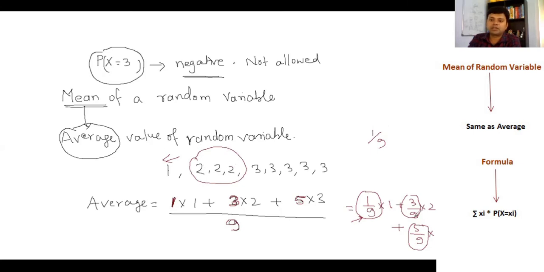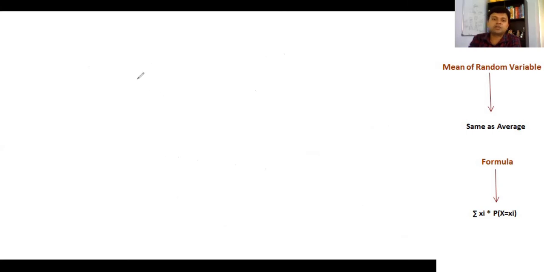So probability 3 by 9 into 2. Similarly, the probability of 3 is 5 by 9, so 5 by 9 into 3. So I can see the average is probability of X is equal to 1 into 1 plus probability of X is equal to 2 into 2 plus probability of X is equal to 3 into 3. This is the average.